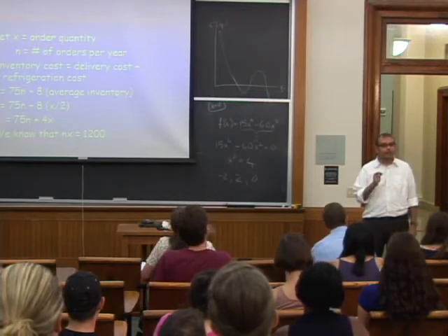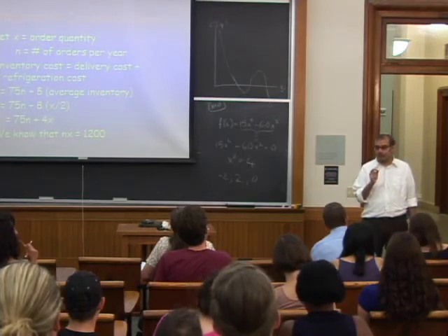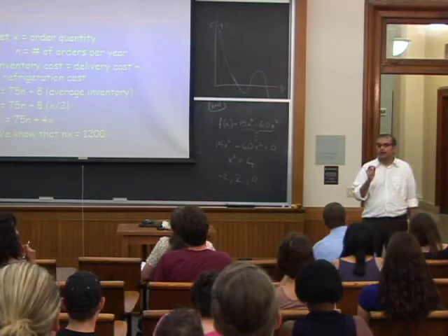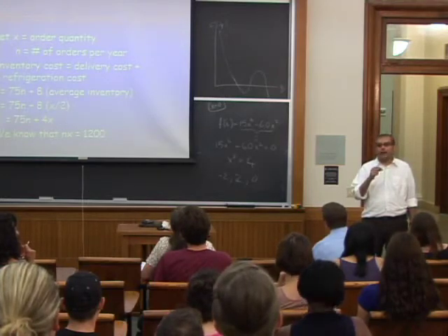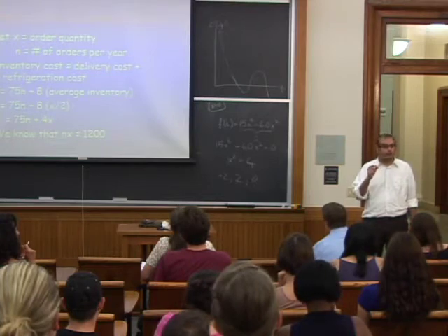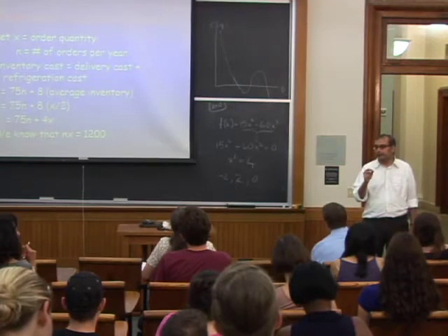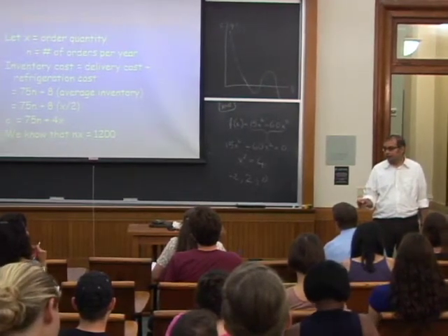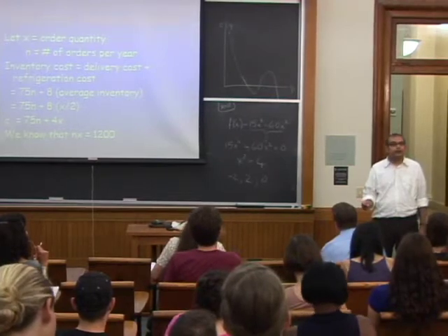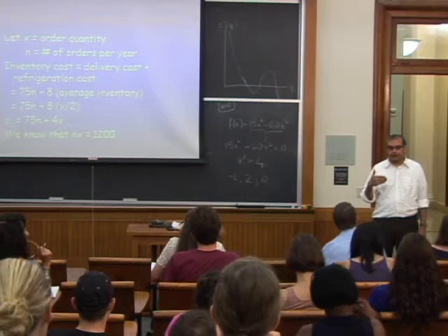So at the beginning of the month, I'll end up with 100 units in stock. Demand comes through at a constant rate. So by the middle of the month, my 100 units will go down to 50. And by the end of the month, my 50 units will go down to 0. Okay? And then the first day of the next month, I get 100 again.